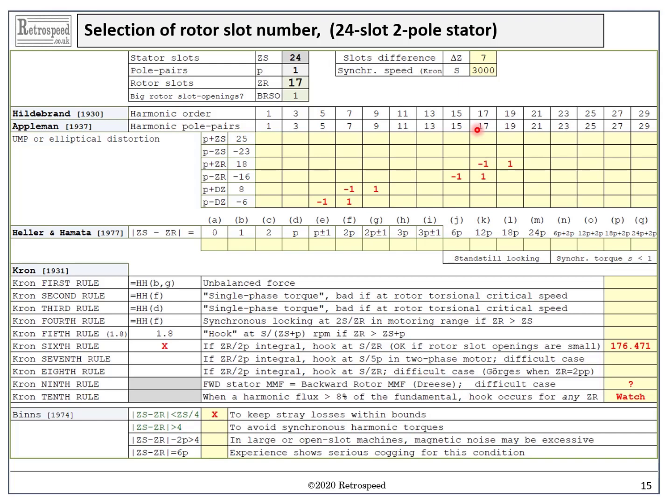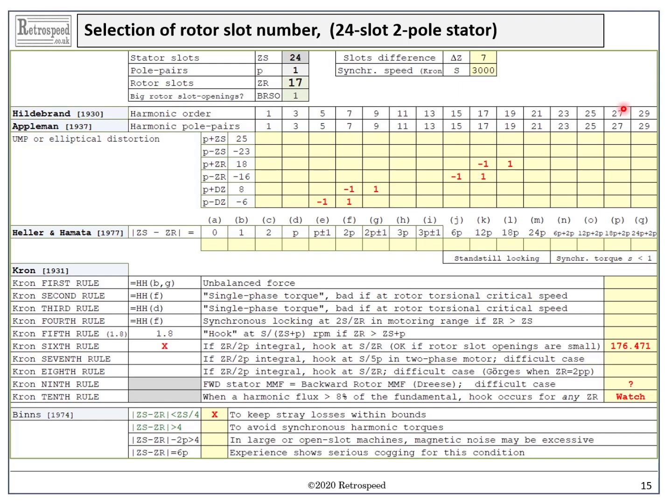The 17th stator MMF harmonic also interacts with a permeance harmonic at P minus ZR, minus 16, and the bold red type shows a difference of 1 pole pair again. The plus or minus sign indicates the direction of rotation of the resulting two-pole flux wave.